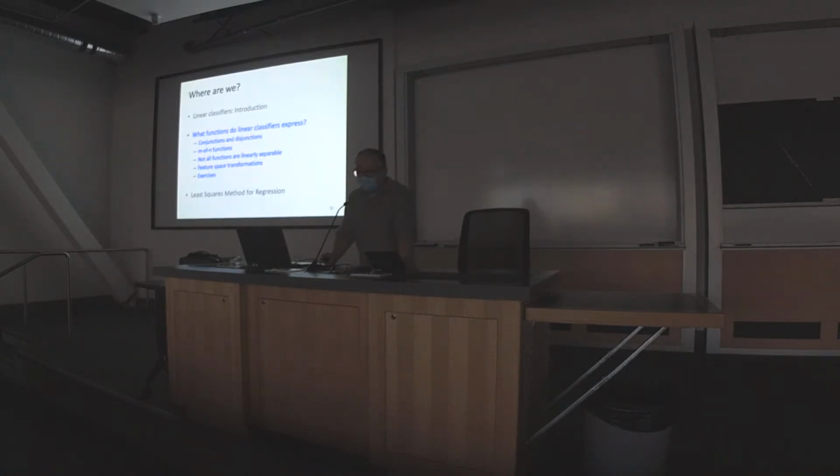So next, before we proceed to detailed learning algorithms, let us first look at the expressiveness of linear classifiers. What kind of functions do linear classifiers represent? We're going to introduce several examples in the family of Boolean functions. We'll see that linear classifiers are expressive, but not as expressive as decision trees.